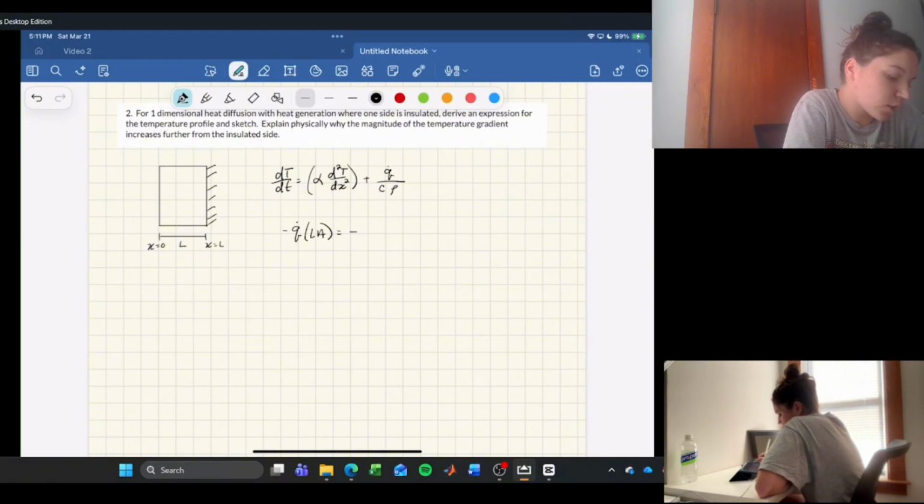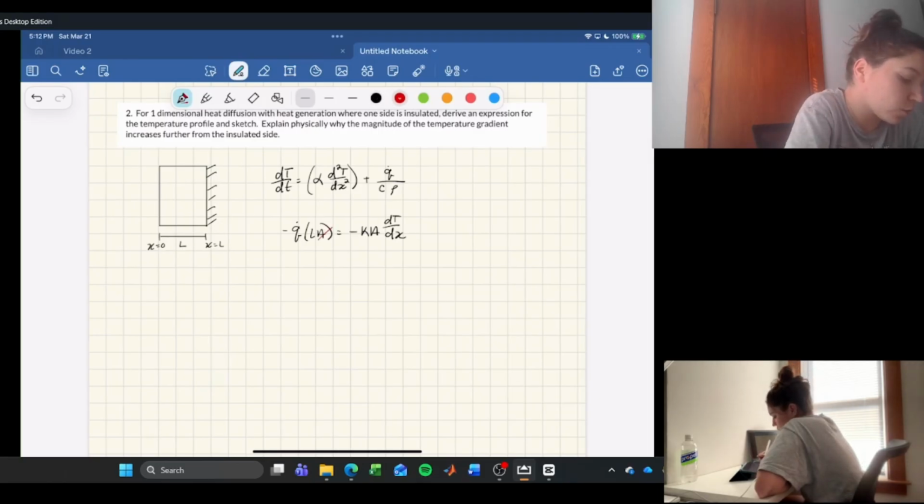So that's the negative thermal conductivity times the area times the change in temperature over the change in position. And then the areas here will cross out, and we're left with the energy generated times the length is equal to the negative thermal conductivity times the change in temperature over the change in position.